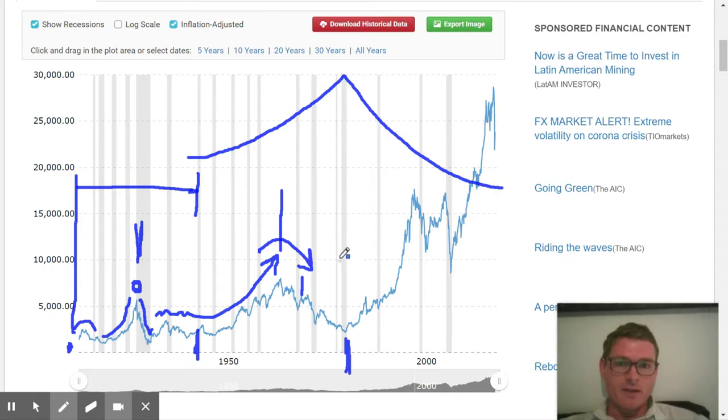Volker was the Fed chairman, and he's famous for jacking the Fed funds interest rate up to astronomical historical levels in order to fight inflation, because we had inflation during this period, and he's kind of reversing it.